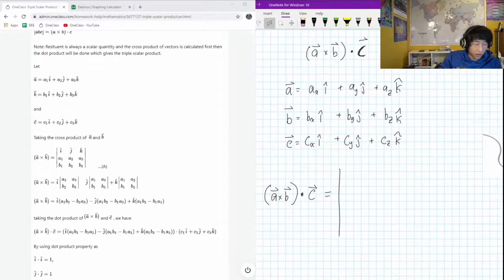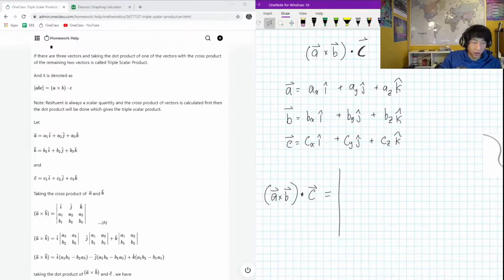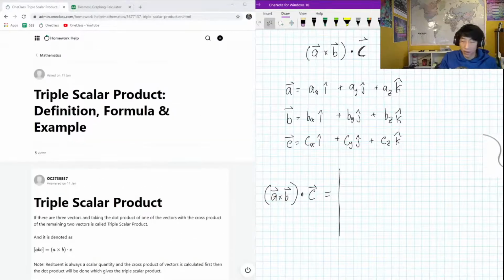You can actually do this a lot easier than doing it in two separate steps. You can do it in one step if you just find the determinant. So you want to draw your vectors in here.